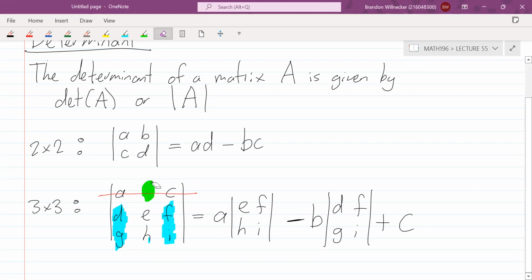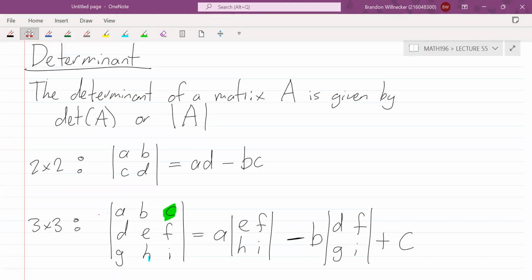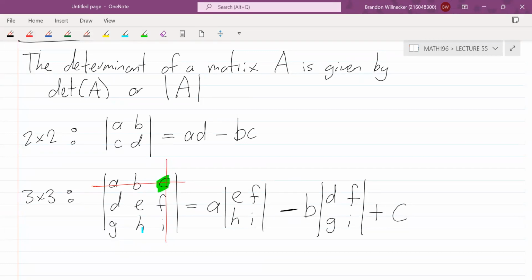And then I think you can see what we're going to do next. So that's B, D. We've got the C term. We cross out that row containing C. We cross out the column containing C, and we look at the resulting matrix that's left over.